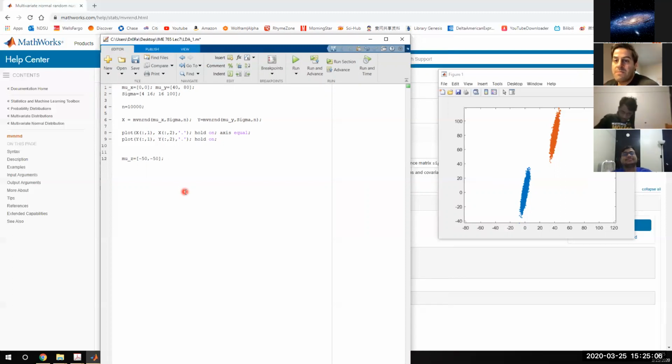I'm gonna build a third class, but I'm gonna make a different sigma, and I'm gonna show you how it looks different. And let me put a Z here. So the number of dimensions is the number of classes or the number of features? Features. I'm talking about feature space here, because class space, you cannot ignore it.